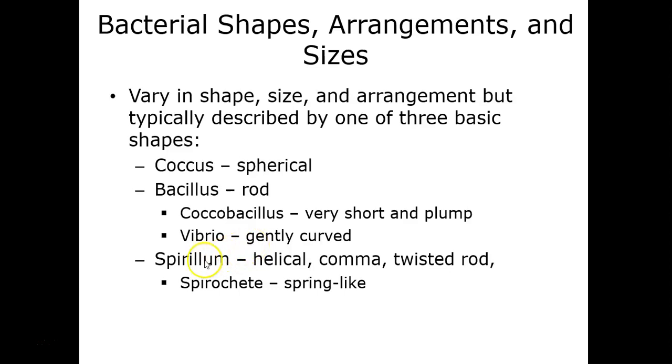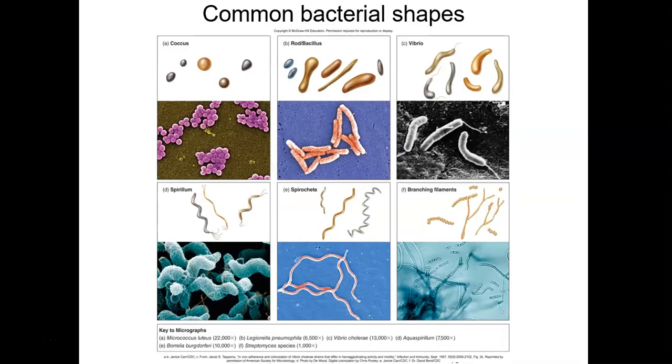And then the third category is what we know as the Spirillum, which are these twisted kind of helical rods. And the one subcategory under here that we talk about a lot is the Spirochete, which has this almost spring-looking appearance to it. Looks like you would see a spring. So it's got this really twisted shape to it. So here's some examples. Here's our coccus, our nice spherical shaped.